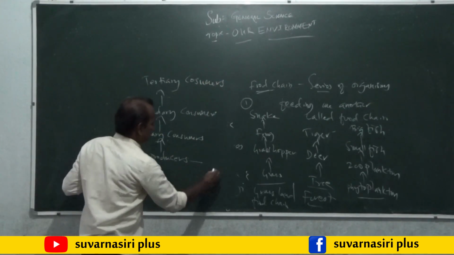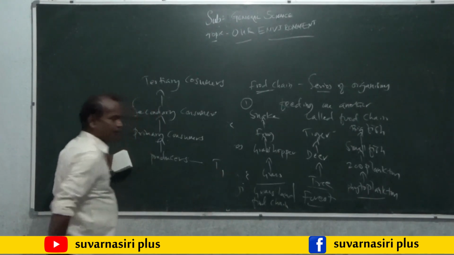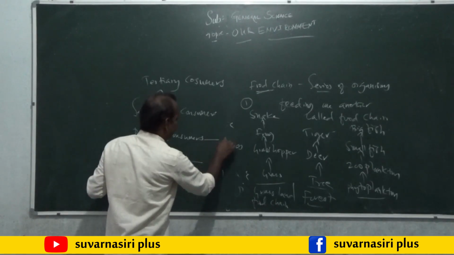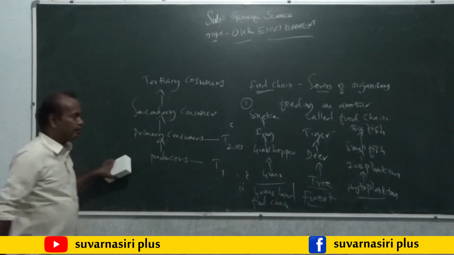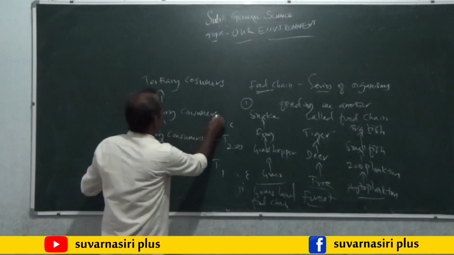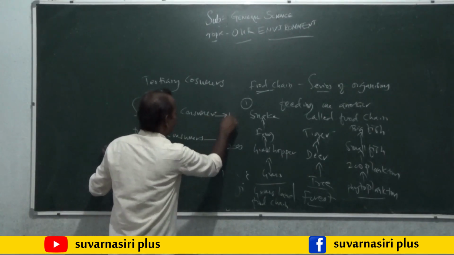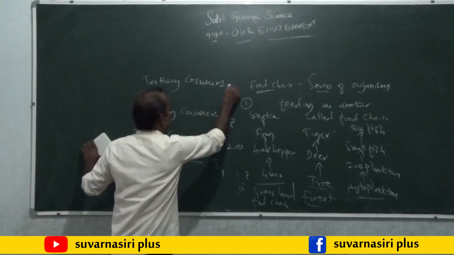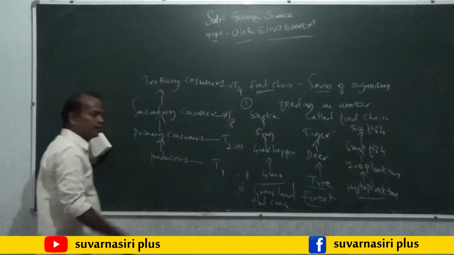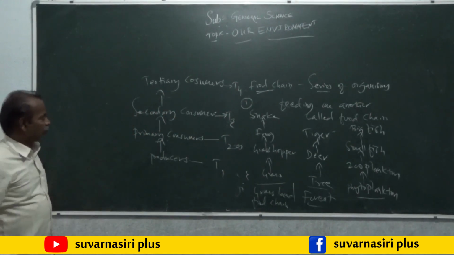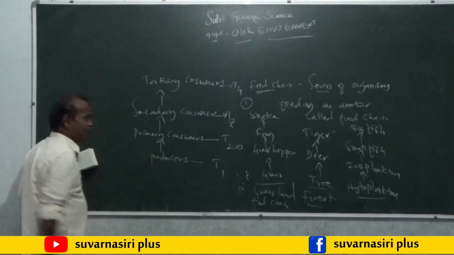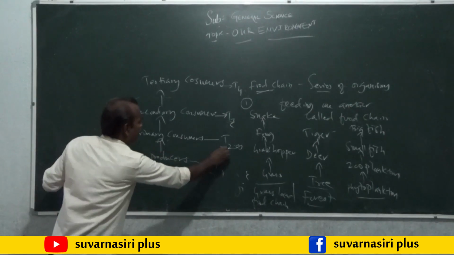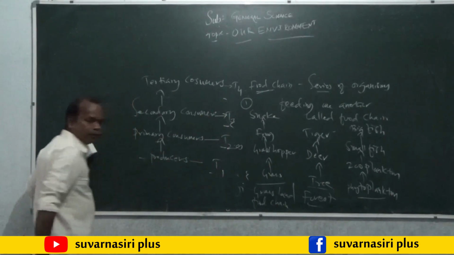Producers stand in the first trophic level, that is T1. The primary consumers stand at the second place, called T2. The secondary consumers stand as the third trophic level, known as T3. And the tertiary consumer stands in the fourth place, that is T4. So like this, you can define the trophic levels and represent the diagram: T1, T2, T3 and T4.